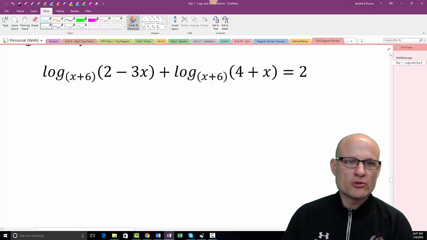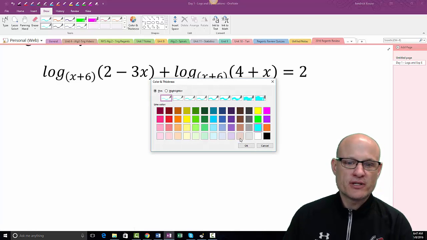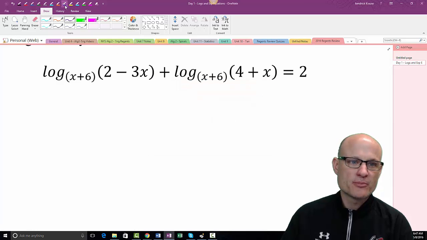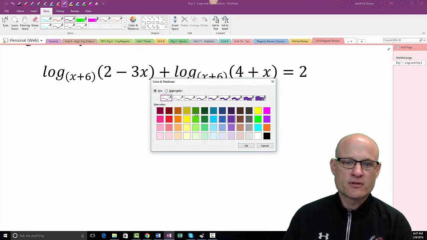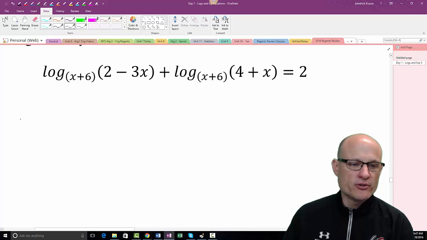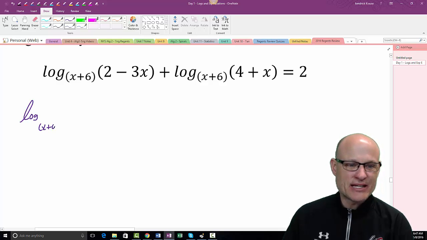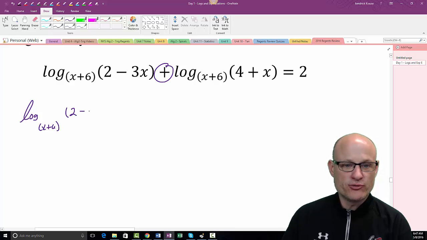Let's do purple. Oops, didn't select purple. Purple. All right. So what we're going to do is condense it. So it's log base x plus 6 of, now this is addition, so these two things are going to get multiplied, 2 minus 3x times 4 plus x equals 2.